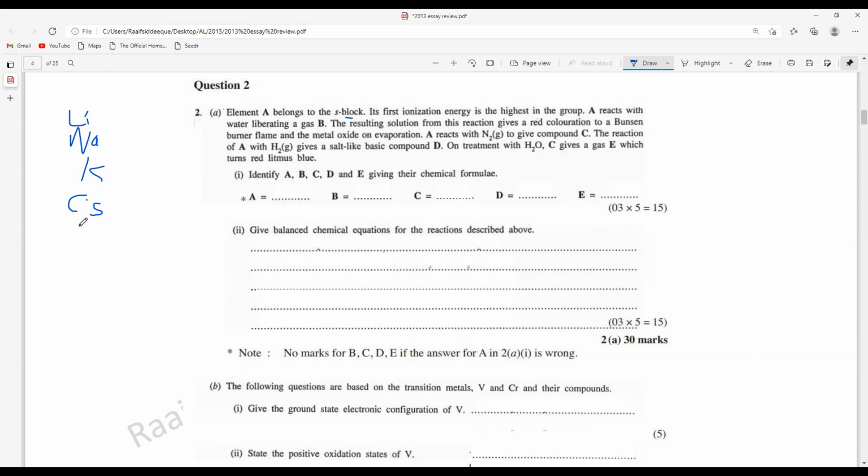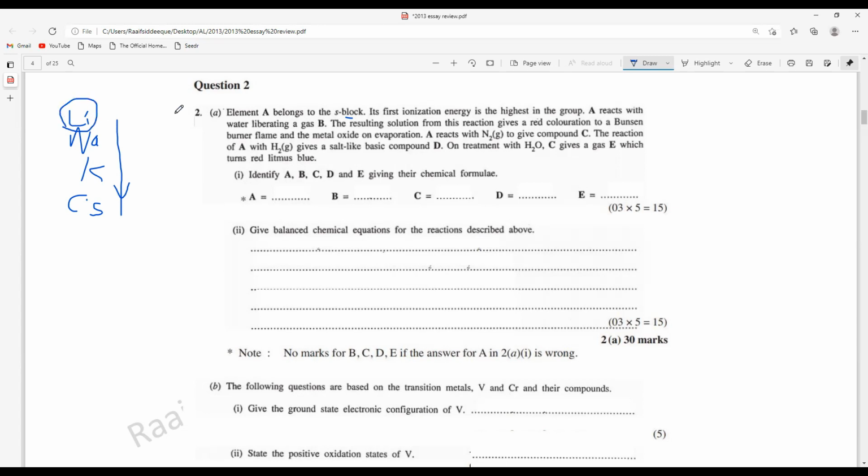So from this, which one has the highest first ionization? When you go down the group, the number of shells increases. So the distance between the nucleus and the outermost electron gets larger and larger, which means that going down the group, the first ionization energy decreases, so this element automatically should be lithium.